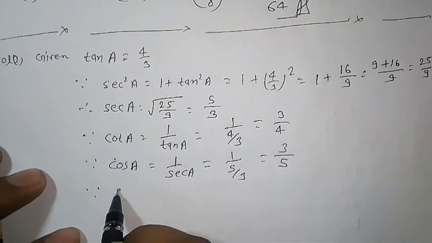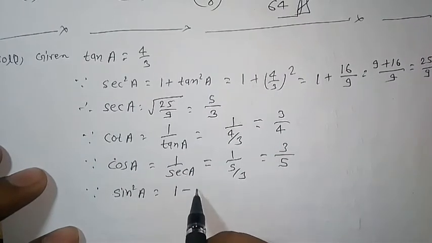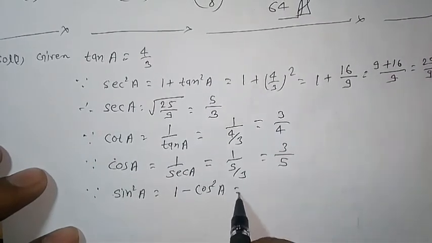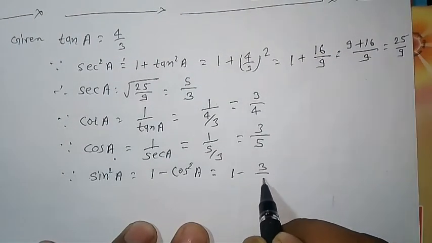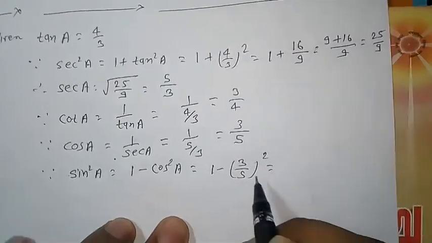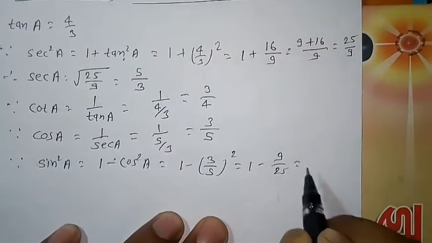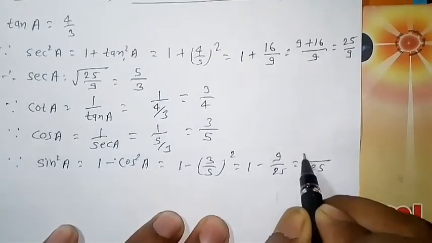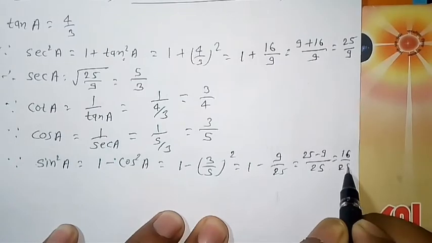Because sin square A is equal to 1 minus cos square A, is equal to 1 minus (3 by 5) whole square, is equal to 1 minus 9 by 25, LCM 25, 25 minus 9 is equal to 16 by 25.